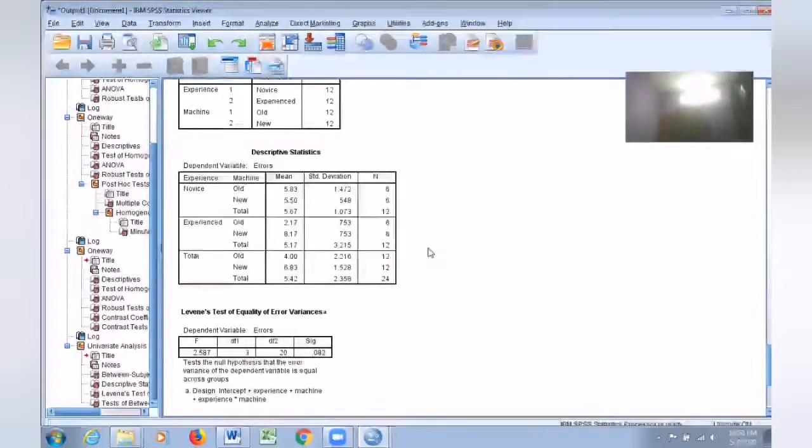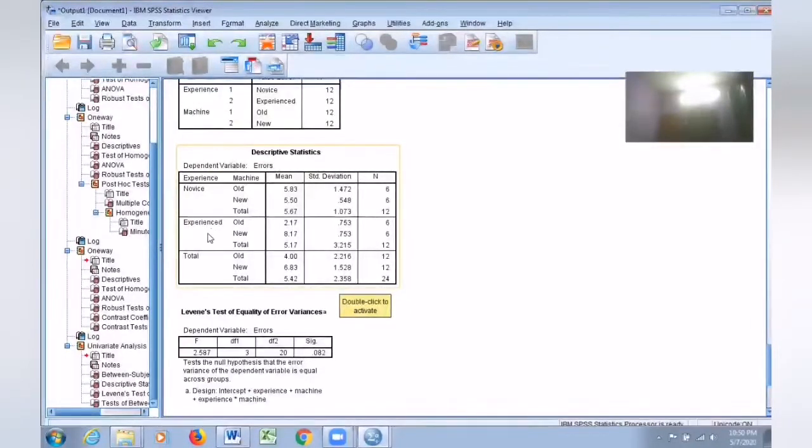By having a look at descriptive statistics, you can infer something. For example, if you take the employees who do not have any experience, and look at the mean errors they commit, you can understand the number of errors they commit while working on the old machine and the new machine are almost the same, 5.8 and 5.50.